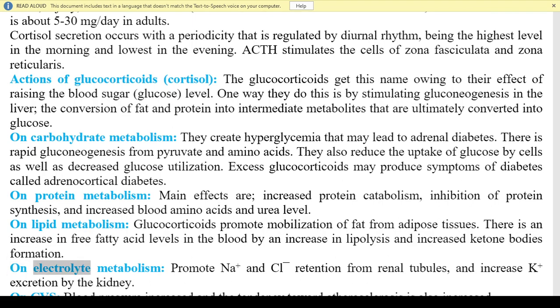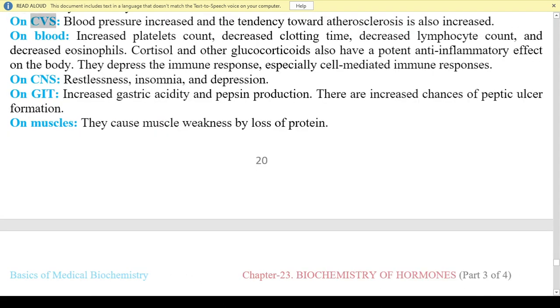On electrolyte metabolism, they promote Na+ and Cl- retention from renal tubules and increase K+ excretion by the kidney. On CVS, blood pressure is increased and the tendency toward atherosclerosis is also increased. On blood, increased platelet count, decreased clotting time, decreased lymphocyte count, and decreased eosinophils.